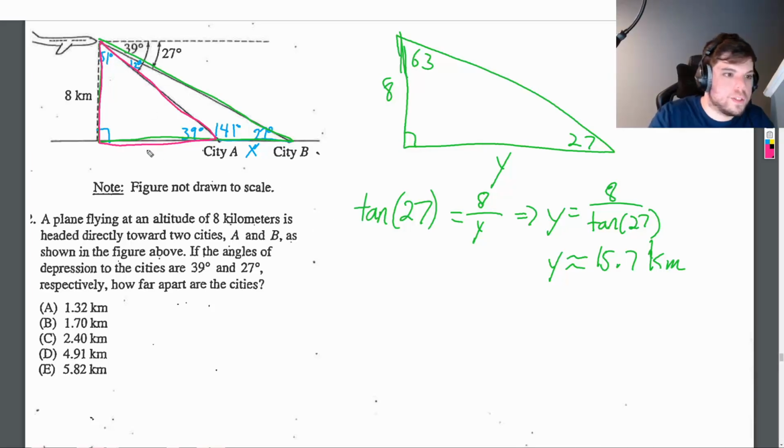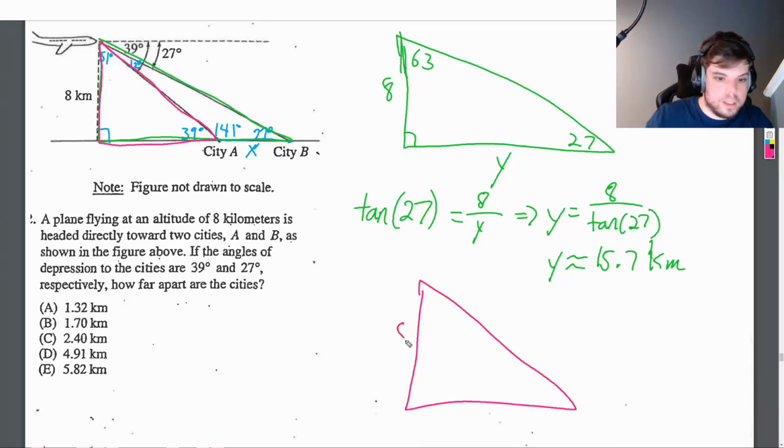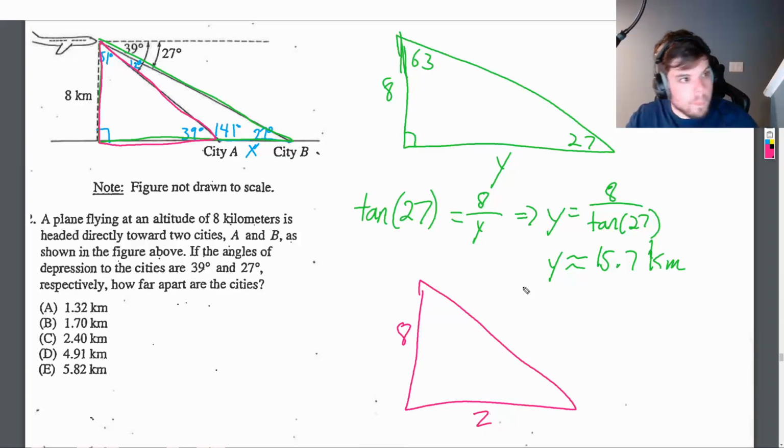Which means, let's call, we'll draw it. Still 8. We'll call this z. And we know this is a 90-degree angle. This is now 51 degrees, and this 39.